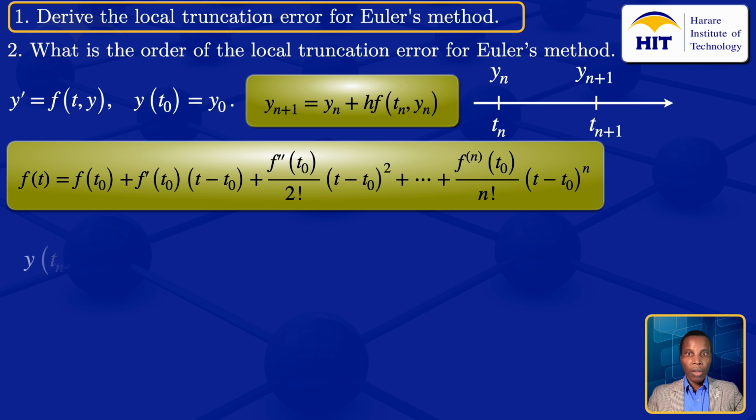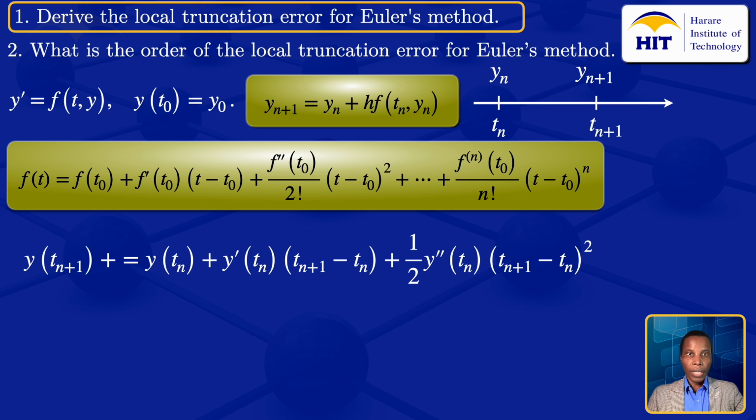That would give y at t n plus 1 is equal to y at t n plus y prime at t n multiplied by t n plus 1 minus t n, plus a half multiplied by y prime prime at t n multiplied by t n plus 1 minus t n squared. The other terms I did not write because their value will be so small.